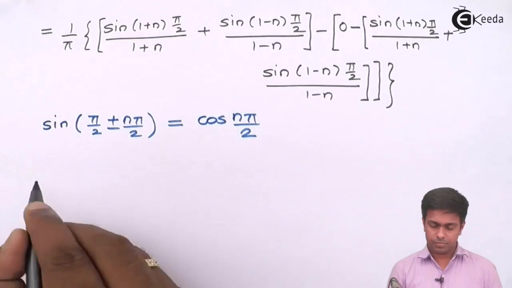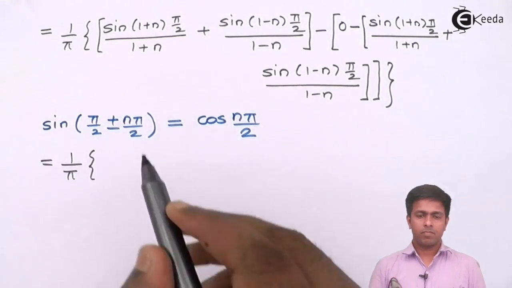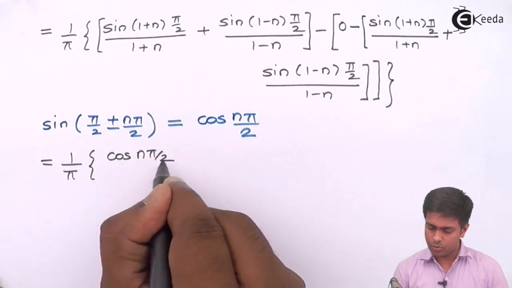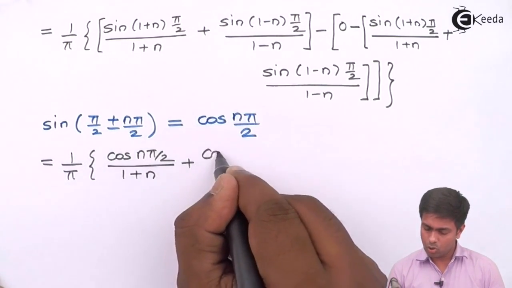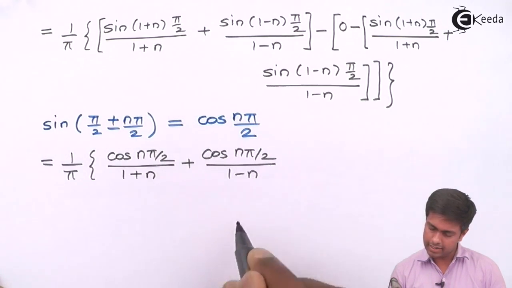So here we will get 1 by pi, first value, that is cos of n pi by 2 upon 1 plus n, plus cos of n pi by 2 upon 1 minus n.